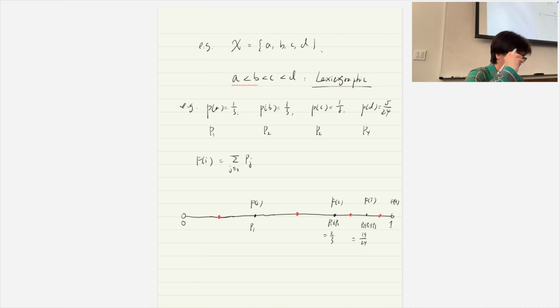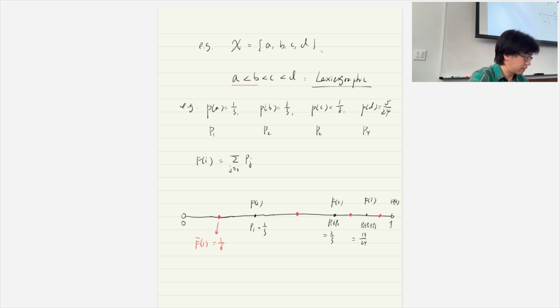Can you tell me what's the value here? The first one is 1/6, right? Very good. We denote that as F bar 1.